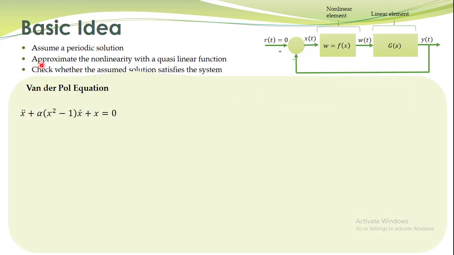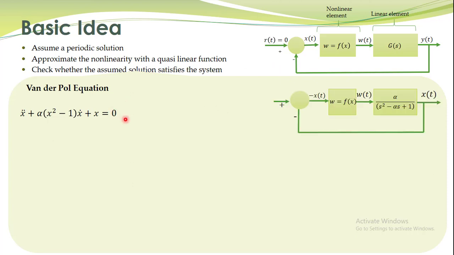These three steps. So let's again take our familiar equation, this van der Pol equation, and we have already learned that this equation can be brought into this particular form. So we have already learned how to bring this equation into this particular form, where g of s, this transfer function g of s is equal to this transfer function, and w of t is some nonlinear function of state variables.